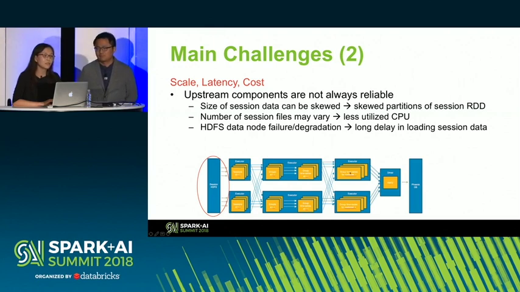The number of session files may also vary. It may be smaller than the number of cores in your Spark cluster, which causes less utilized CPU. And an HDFS data node can fail or degrade at any time, which directly causes a long delay in loading the session data.